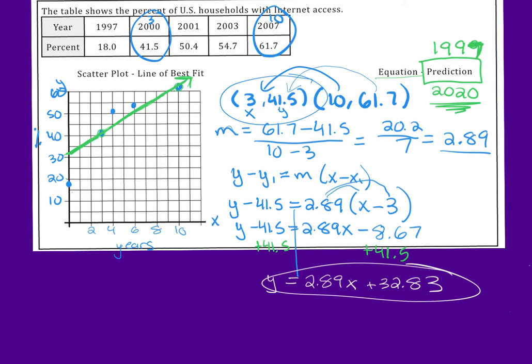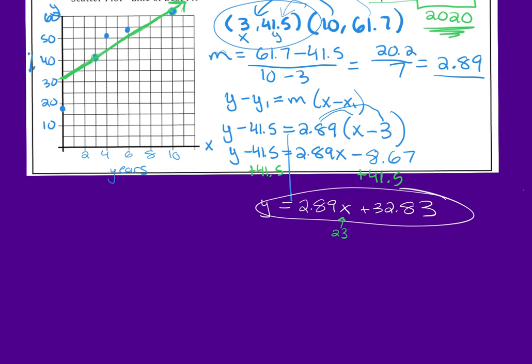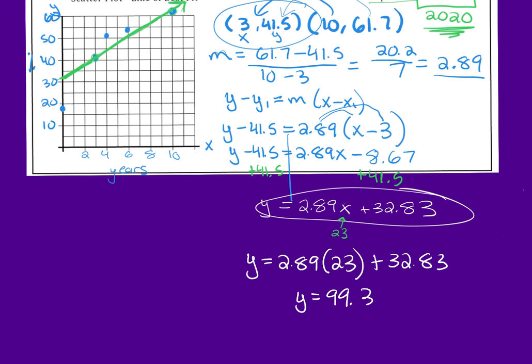So what you can do is plug in 23 for x. So y equals 2.89 times 23 years later plus 32.83, and you should get 99.3%.